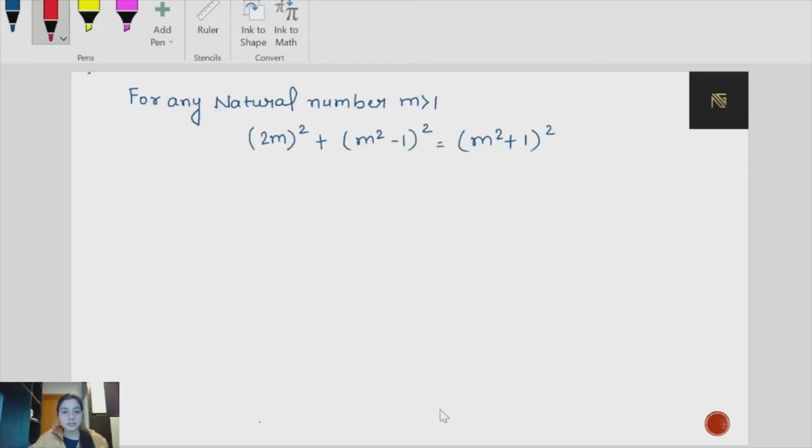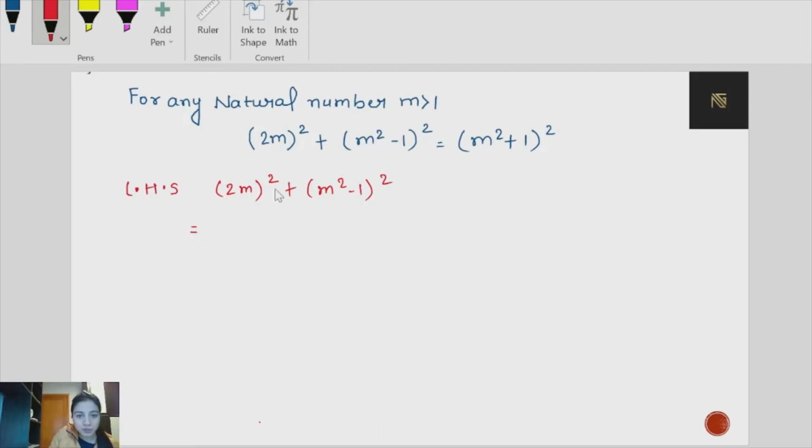And now one identity is given here and we need to check whether it's true or not. We will check left hand side is equal to right hand side or not. So for any natural number m greater than 1, natural numbers, all the counting numbers starting from 1 are natural numbers. So for all natural numbers m greater than 1, this is the identity. Let's check left hand side. We are having 2m whole square plus m square minus 1 whole square. Clear? First solve it.